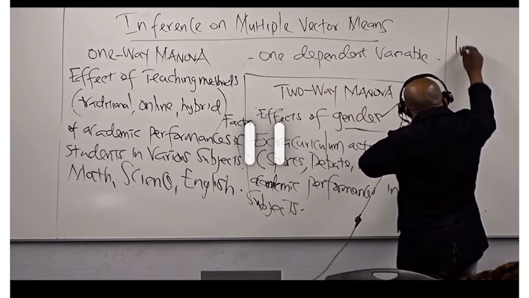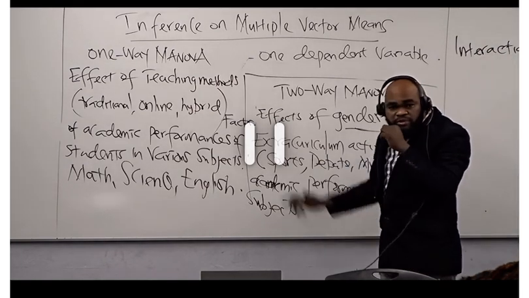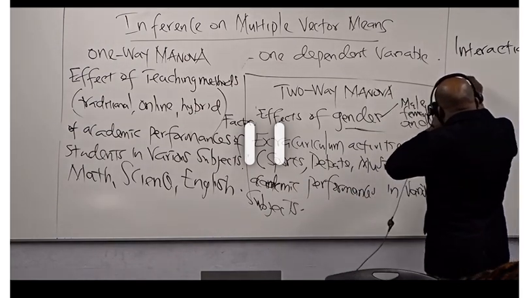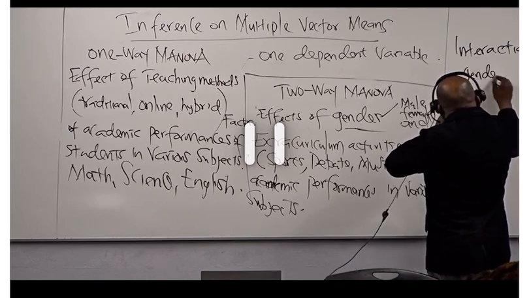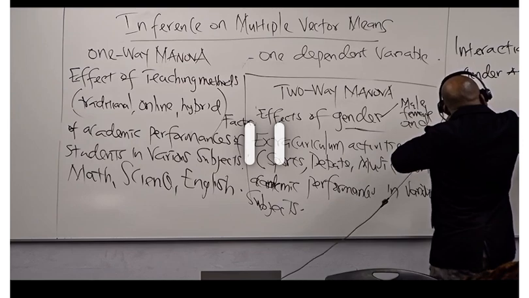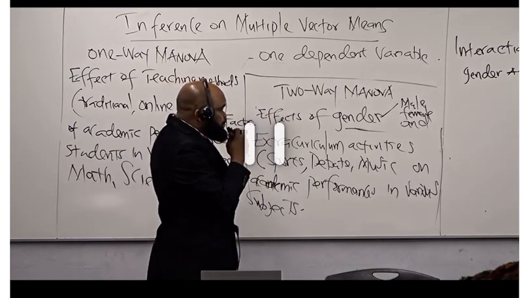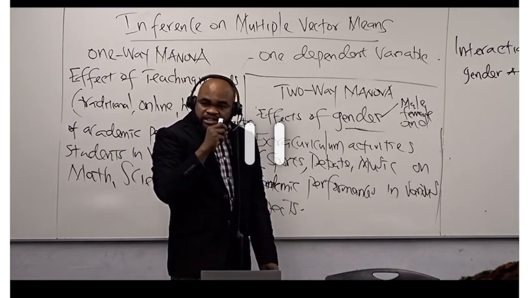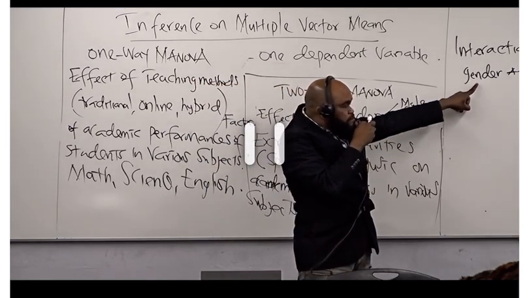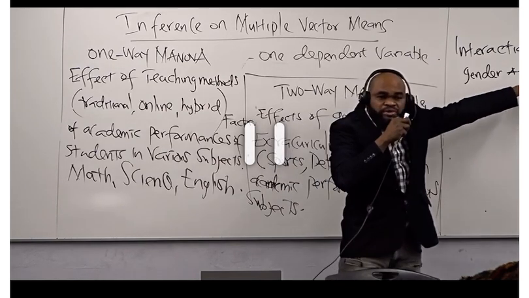There's going to be the possibility of having interaction between factors. Interaction between factors means I'm going to have a situation where I have gender multiplied by extracurricular activity. What does it mean? When the interaction is significant, it means that if I want to measure the effect of gender on the response, that depends on the extracurricular activity.